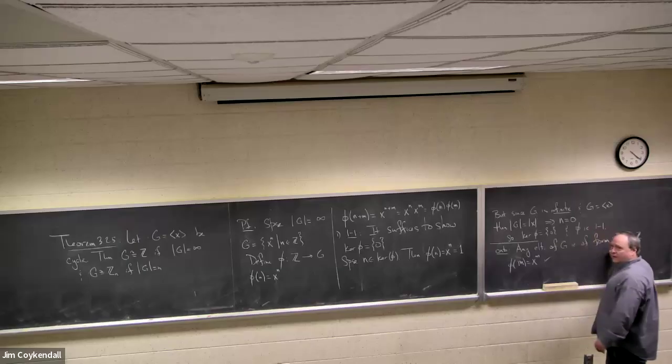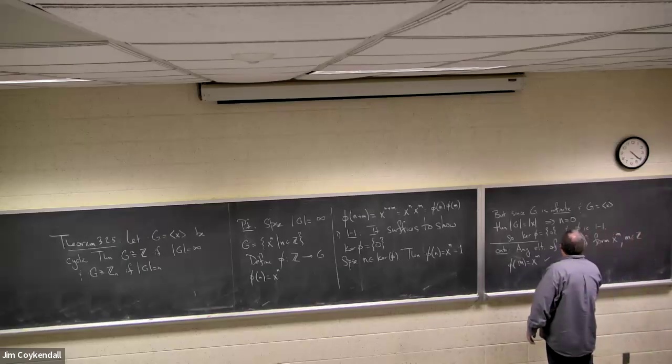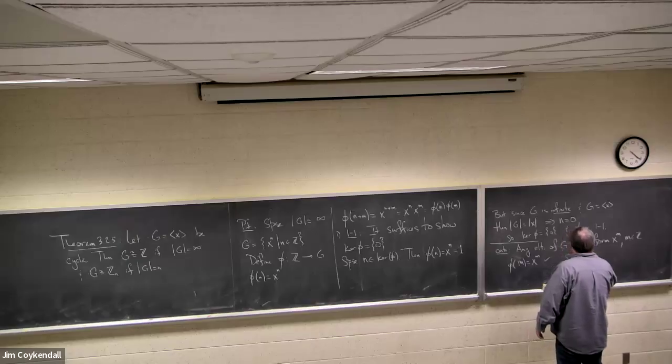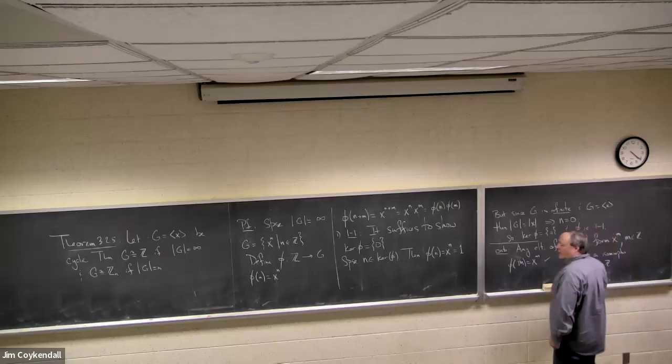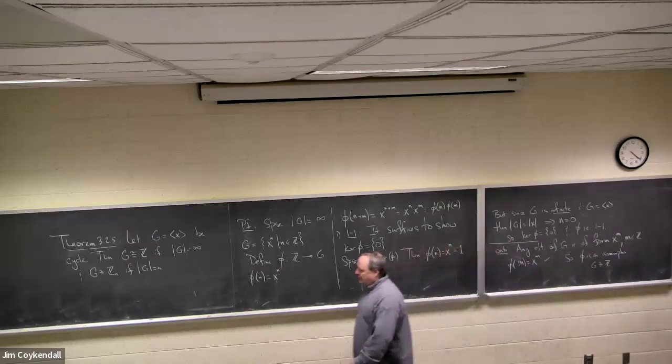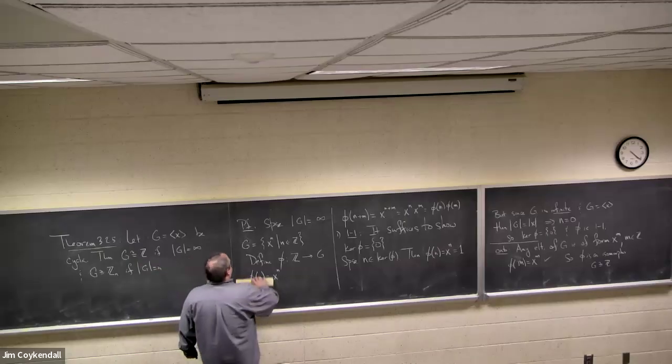And so an arbitrary element is in the image. So phi is an isomorphism, and G is isomorphic to Z. There we go, that takes care of the infinite case. What about the finite case?